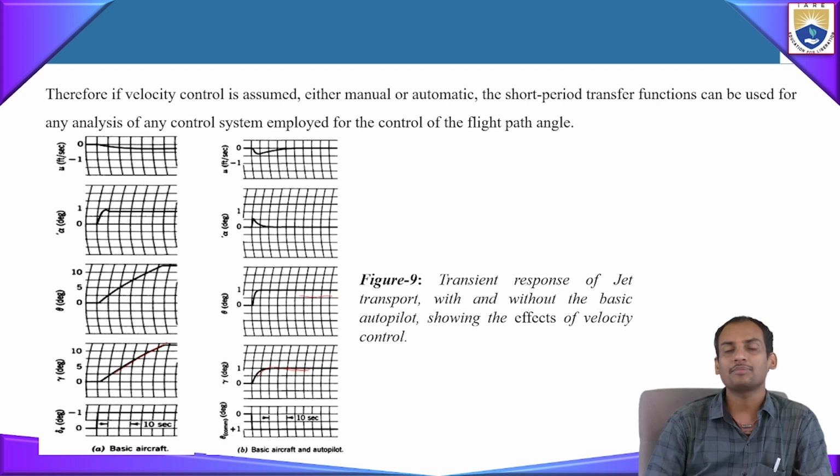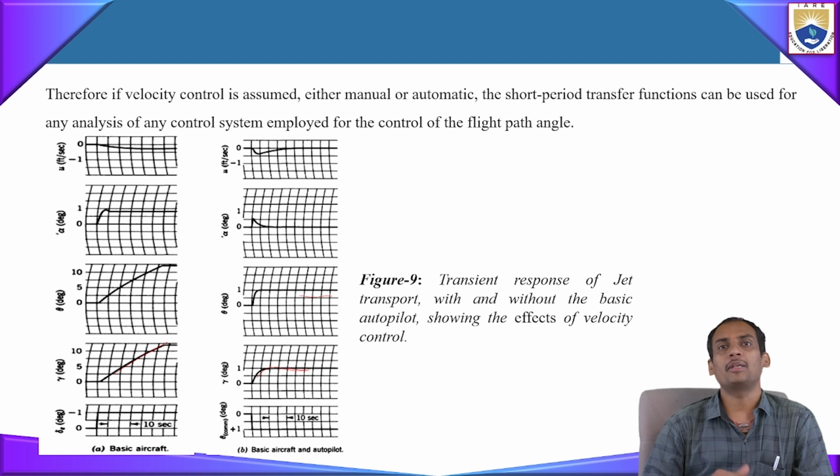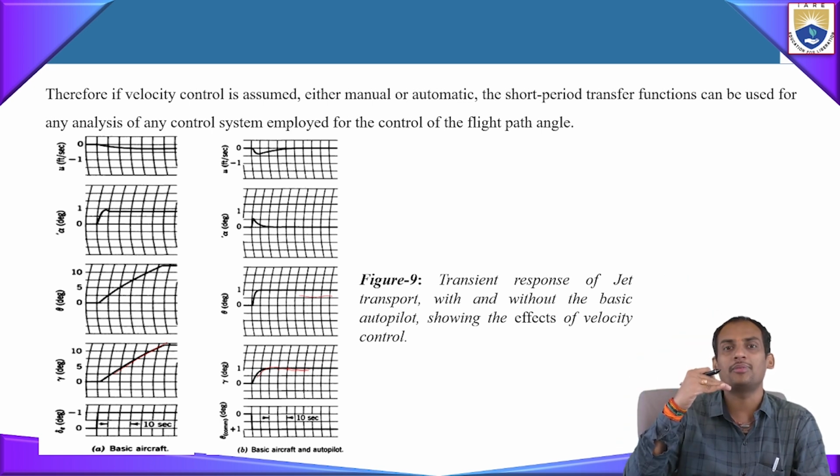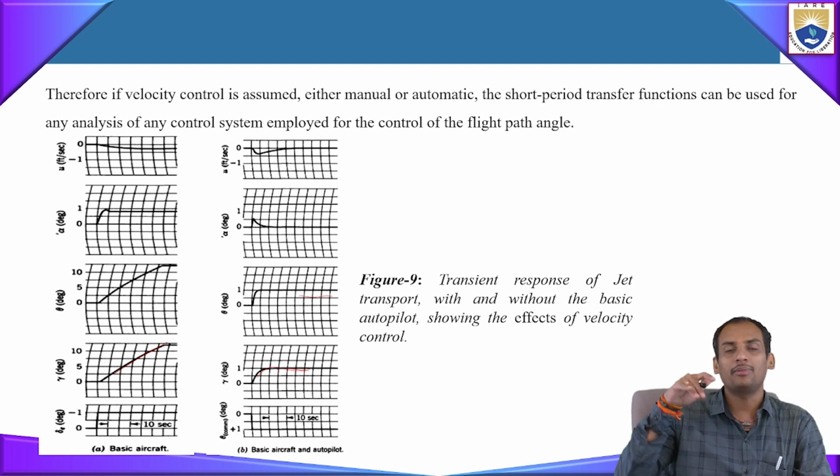Whether it is automatic control or manual control, the short period transfer function, which we have got from the solution of the longitudinal equations, can be used for any analysis of the control system employed for control of the flight path angle.